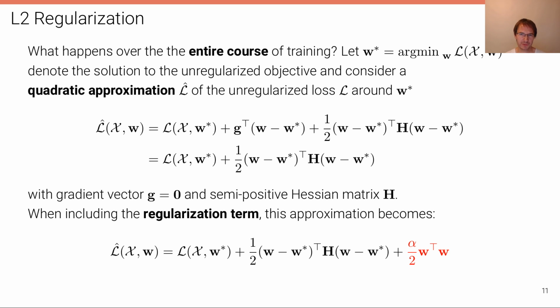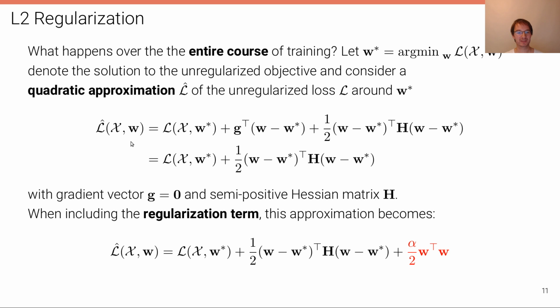Now, because we have assumed that W star is the solution to the unregularized objective, we know that the gradient of the unregularized objective is 0, because it's at the minimum. So this term vanishes, and we're left with this term and this term. This is the quadratic approximation to the unregularized loss.